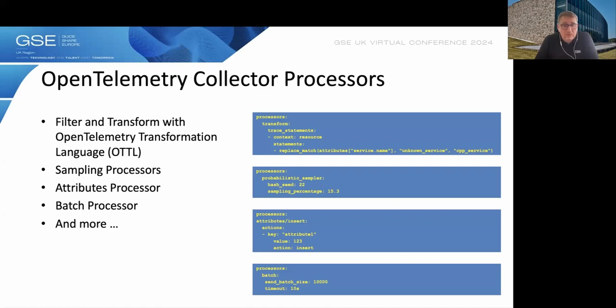Then you have sampling processors, which allow you, if you do distributed tracing with the collector, to reduce the number of traces which are being exported by the collector. There are certain assumptions behind that and also certain strategies. So this is really something that you need to adjust to the specific requirements of your application.